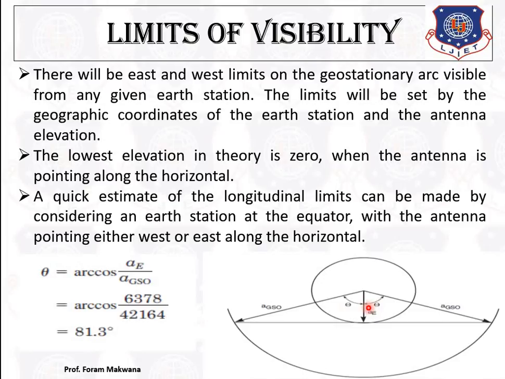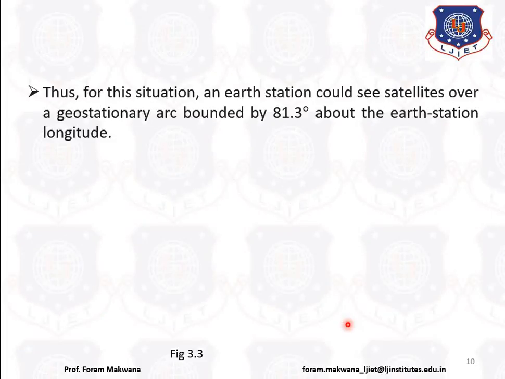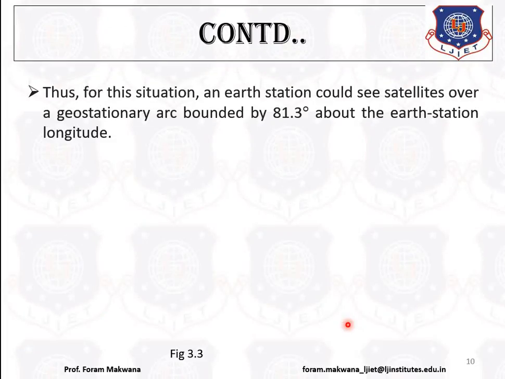So cos theta is equal to AE upon A GSO, where AE stands for the radius of the earth, which is 6378 km, and A GSO stands for the radius of the geostationary orbit, which is 42164 km. So the limit of visibility is 81.3 degrees, and its value can be either plus or minus. So it is bounded to 81.3 degrees about the earth station longitude.